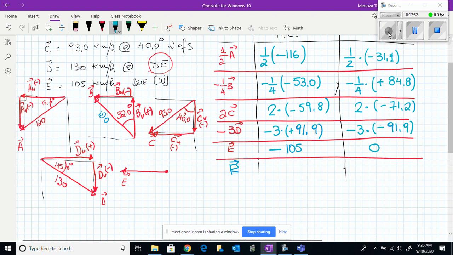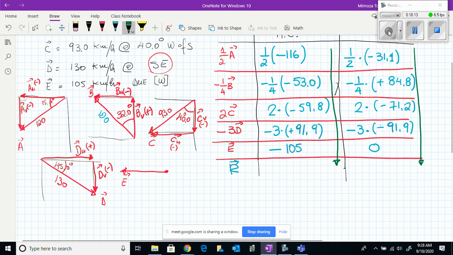Questions, concerns? In order to find the horizontal component of the resultant and the vertical component of the resultant, what we will do is add all of those components.